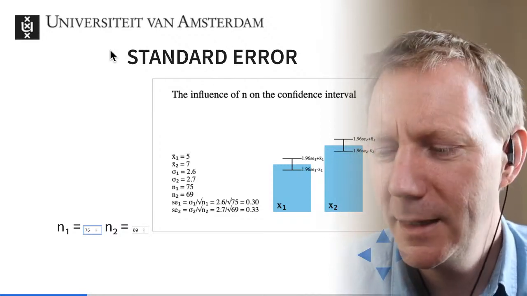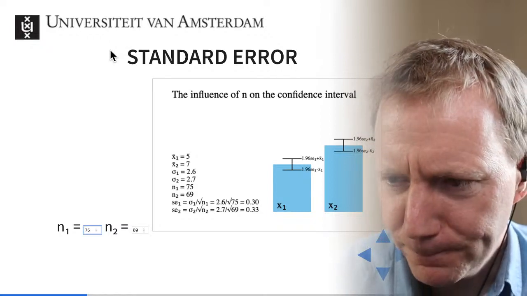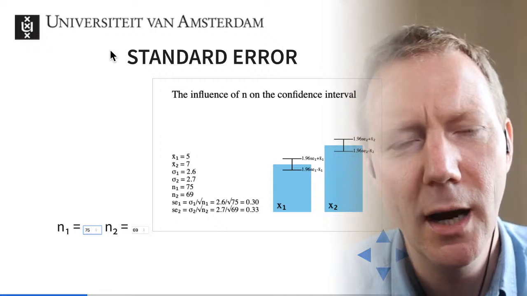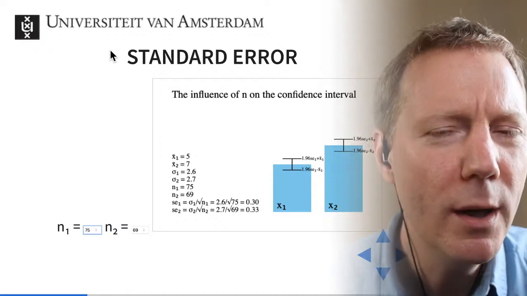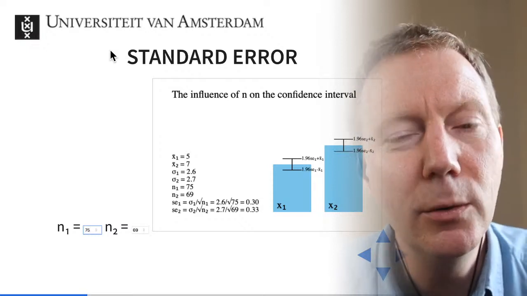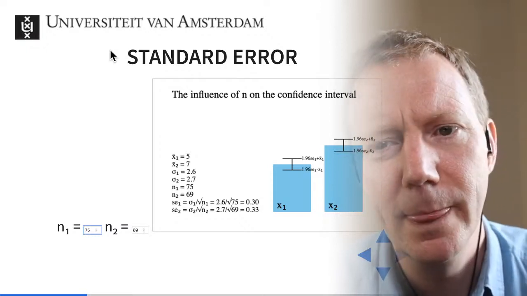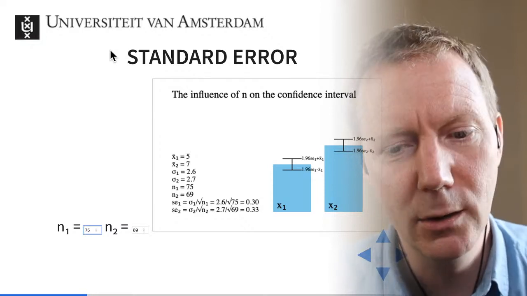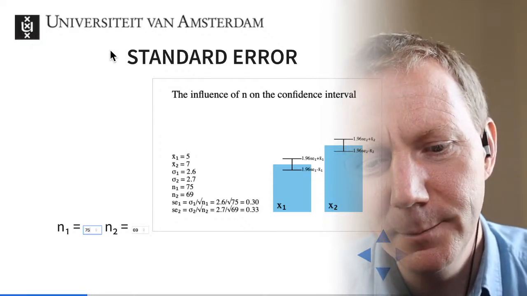So that means that we have to be cautious to base our conclusions only on the result of the p-value, because it only says that it's significant and that will result in a conclusion.